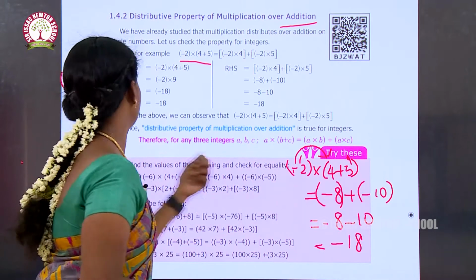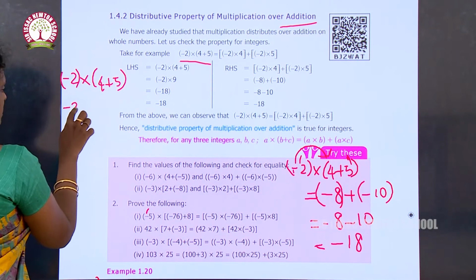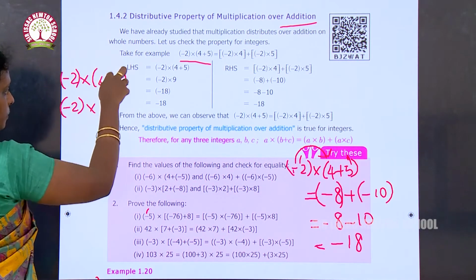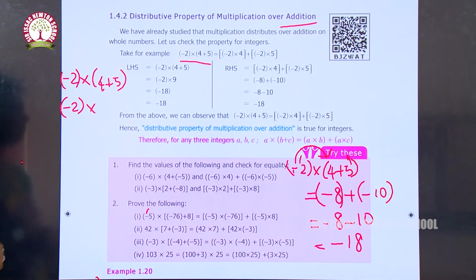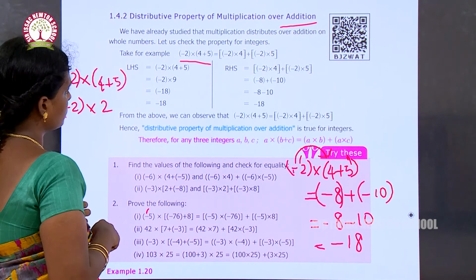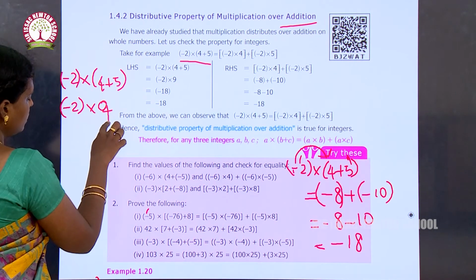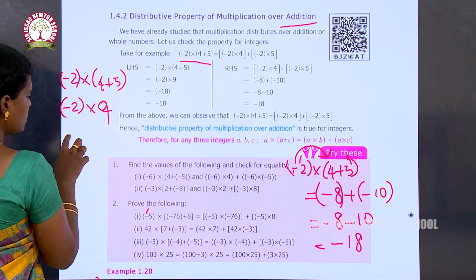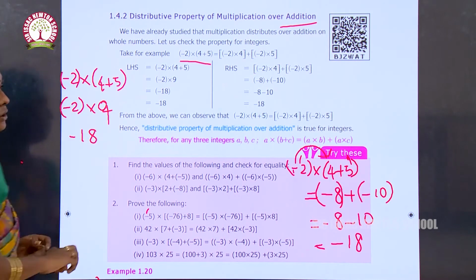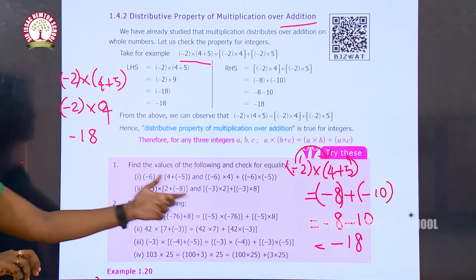I am going to solve this also. So minus 2 into 4 plus 5. What is 4 plus 5? Sorry, 4 plus 5 is 9. So 2 9s are 18. So it is minus 18. See, both the answers are same.